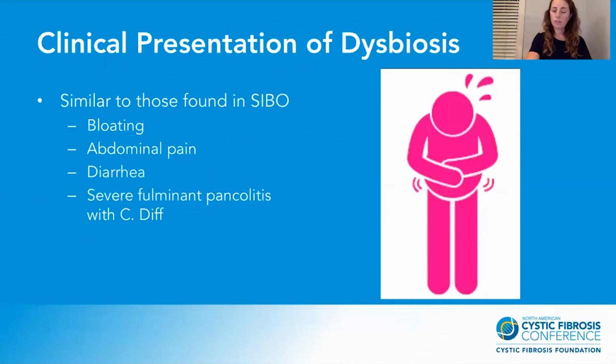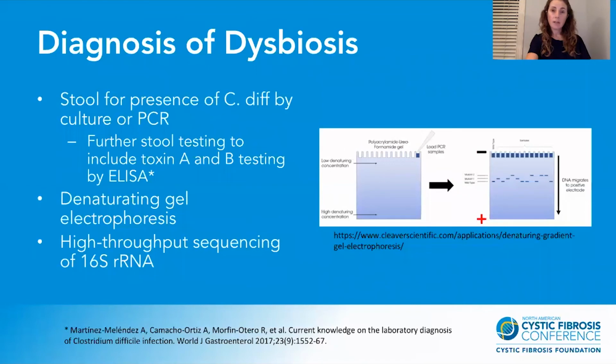As you can see, the presenting symptoms for intestinal dysbiosis are often nonspecific and are pretty similar to those found with SIBO. Patients may present with bloating, abdominal pain, diarrhea, and rarely with severe fulminant pancolitis with C. diff. To diagnose C. diff, stool is sent for culture or PCR with testing for toxin A and B by ELISA.